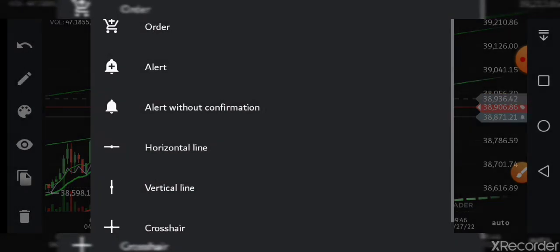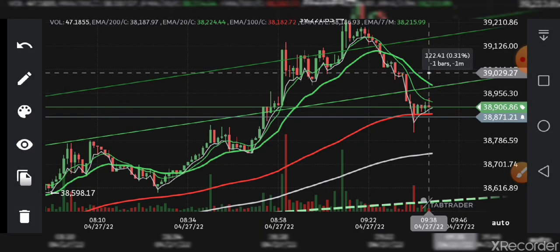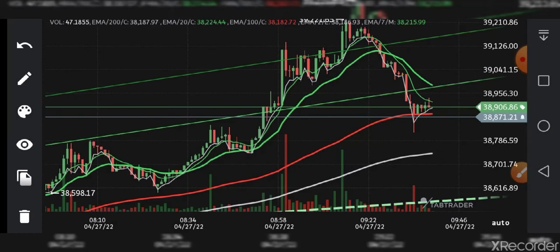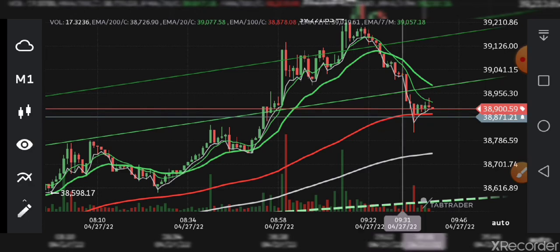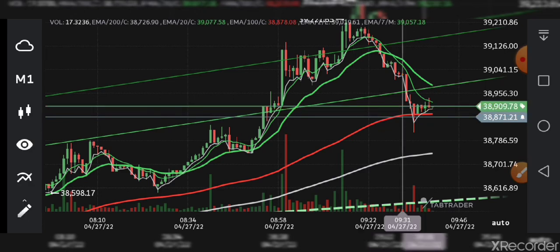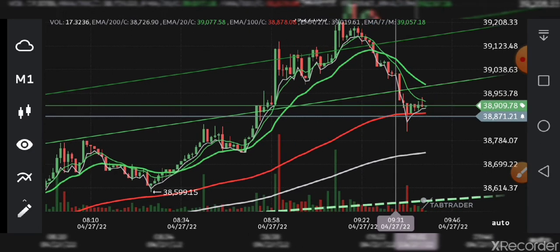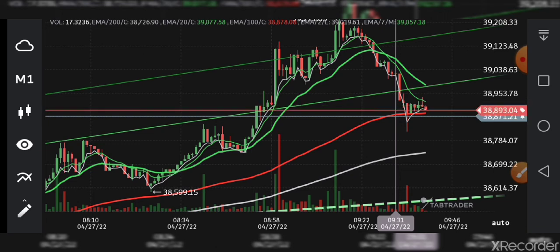Once we see our two green lines and the white line crossing this thick red line, it shows that the momentum has stopped. Now my stop loss, I can put it on 38,700, or if I want to close the trade, I can close the trade right here and look for another coin to trade.